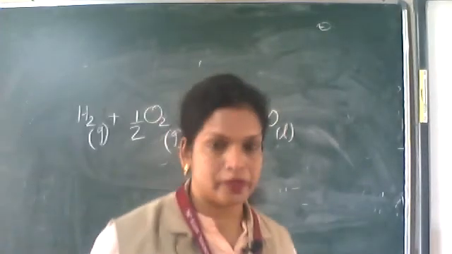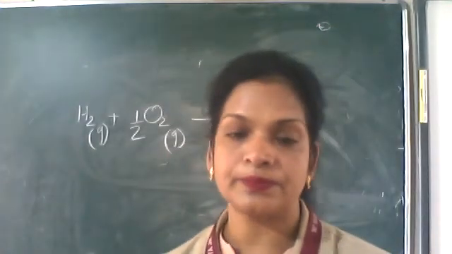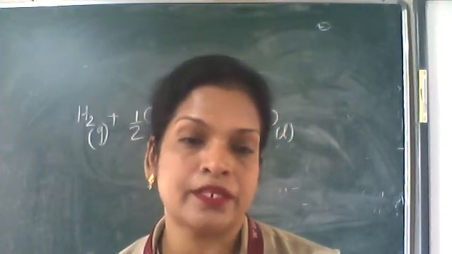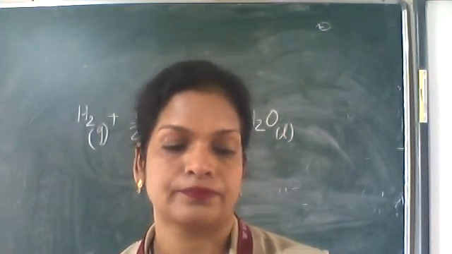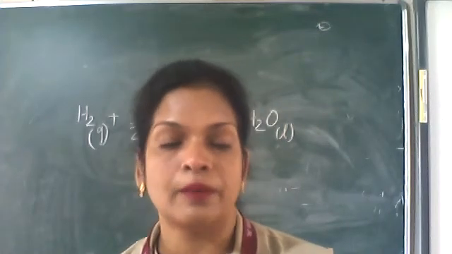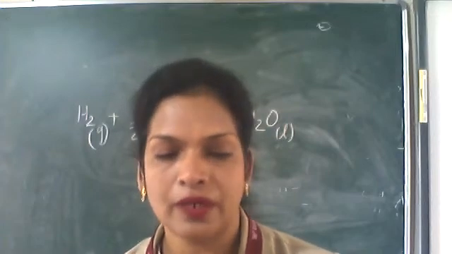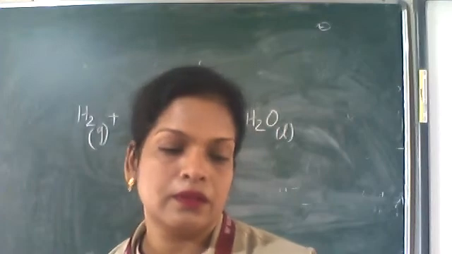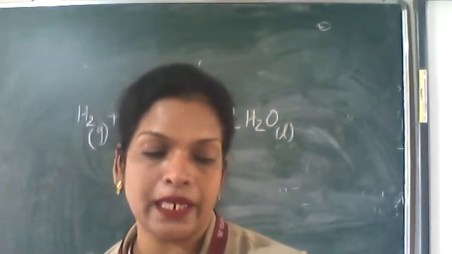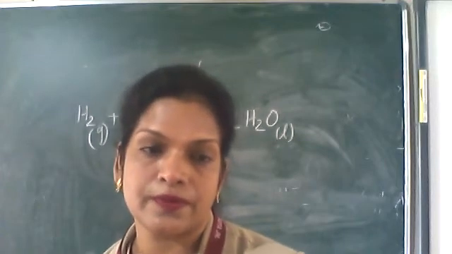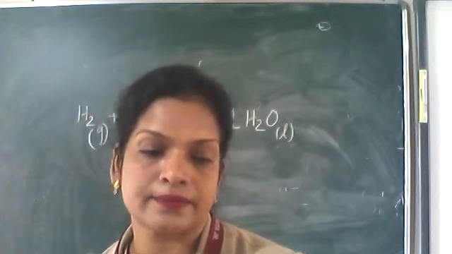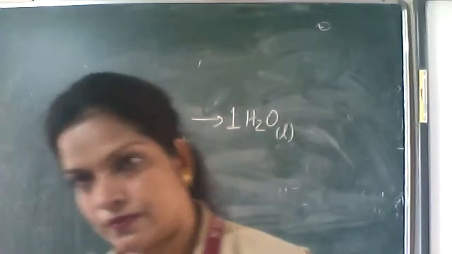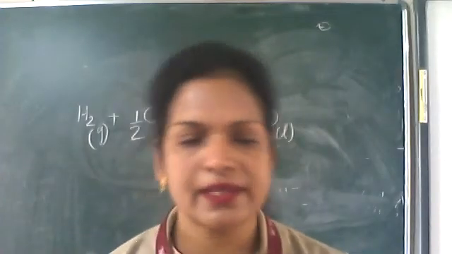So write down enthalpy of formation. It is the enthalpy change for the formation of 1 mole of a compound from its constituent elements in their most stable state, at 25 degrees Celsius and 1 bar pressure. 25 degrees Celsius means room temperature.